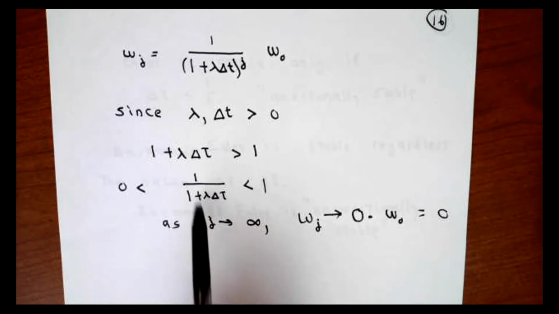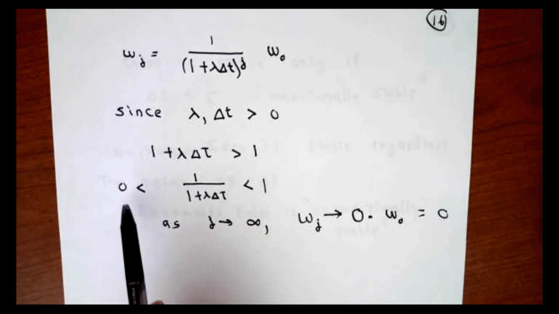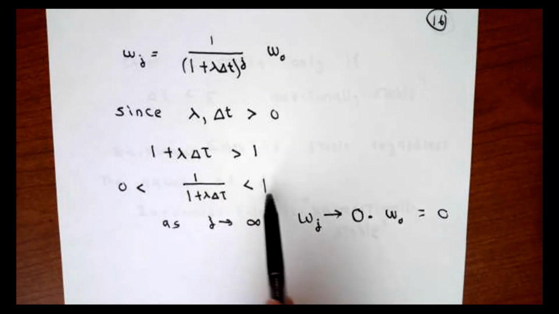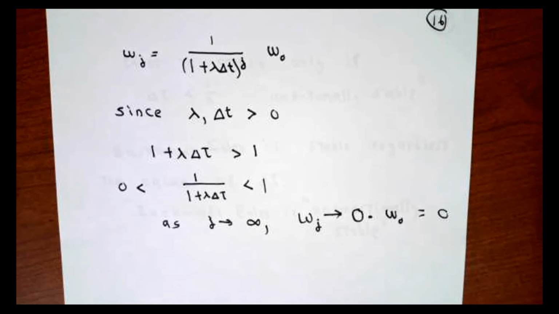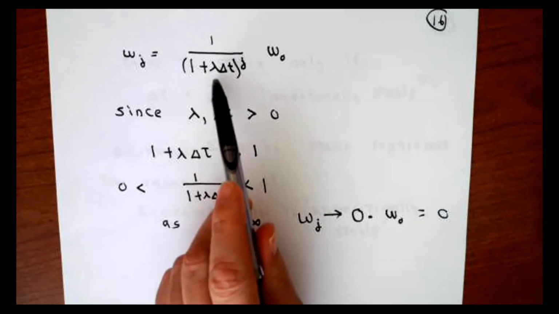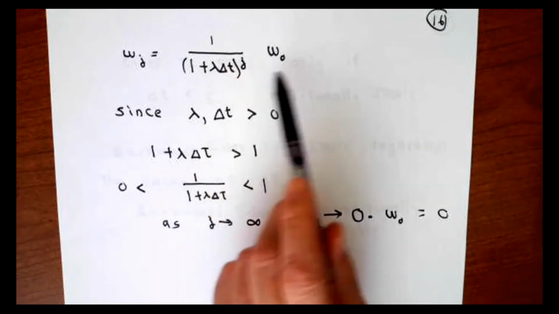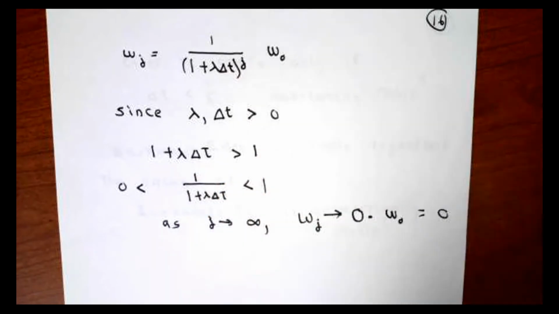So 1 over 1 plus lambda delta t is at least 0 and is less than 1. That means the powers of these quantities tend to 0. Wj then will be a quantity that's tending to 0 times a constant.